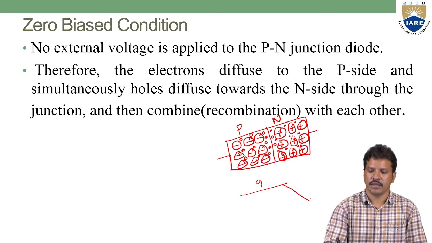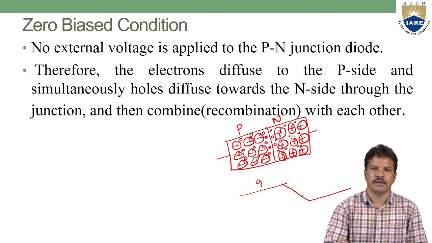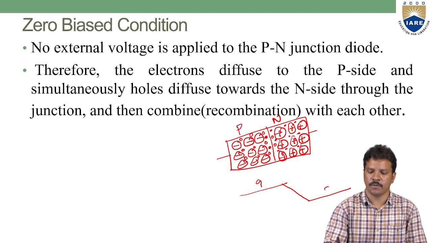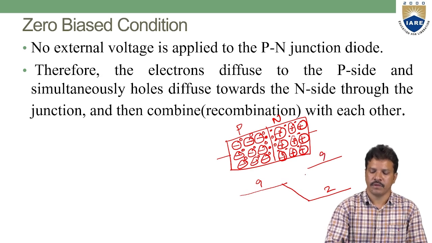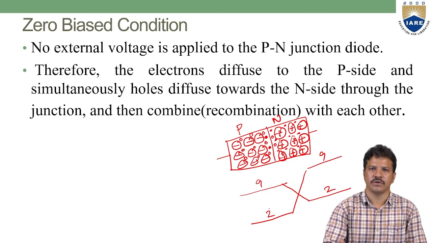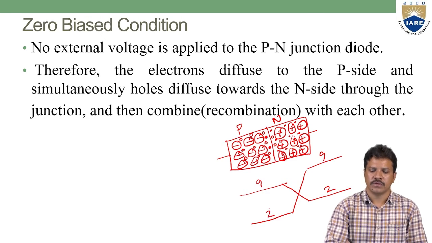Coming to the n side, the majority carriers of holes on the p side are 9 and holes on the n side are 2. Similarly, the majority carriers of electrons on the n side are 9 and on the p side electrons are only 2. So this is what we call a concentration gradient.